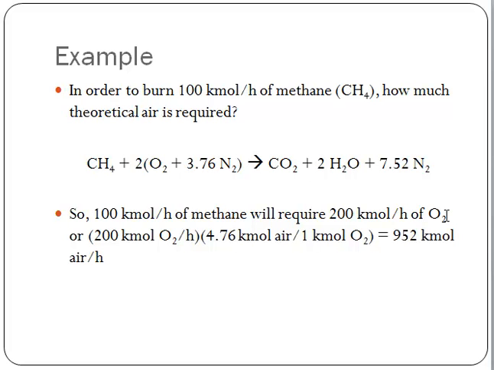Now if I want to turn this into how much air, there's 1 molecule of oxygen and 3.76 molecules of nitrogen, meaning 4.76 molecules of air per molecule of oxygen. So 200 times 4.76 kilomoles of air per kilomole of oxygen says that I'm going to need 952 kilomoles of air per hour.